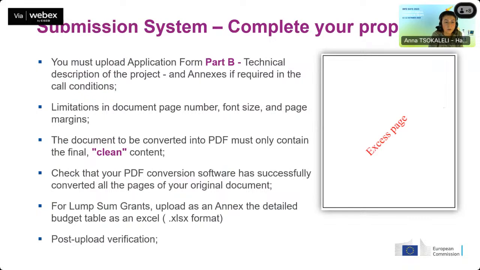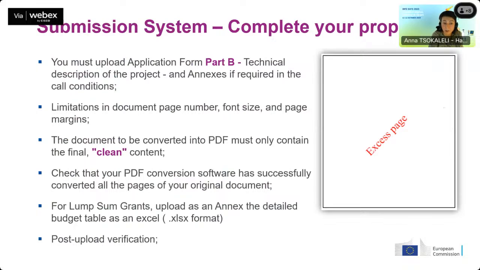And then when you convert it, check that your PDF conversion software has not cut down any pages with landscape orientation, for example, to fit them into a portrait orientation format, or check if your captions and labels have not been lost from your diagrams.